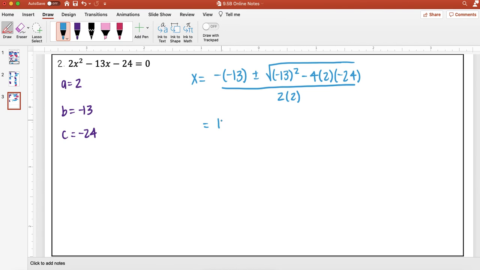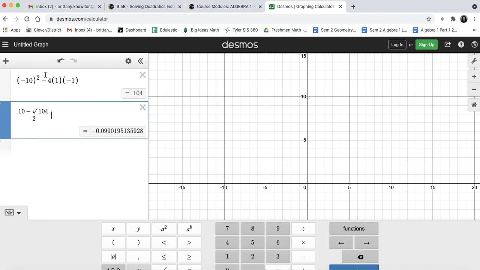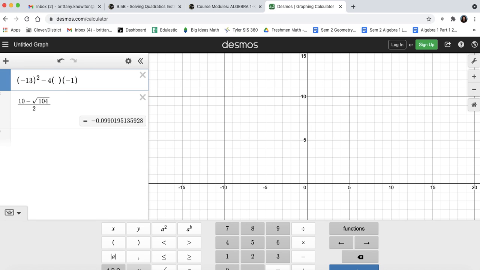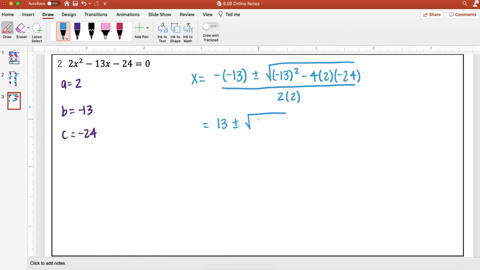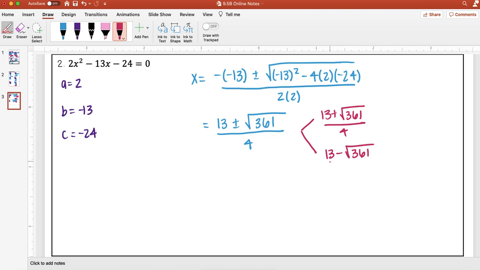Negative negative 13 gets me a positive 13. And I'm going to go ahead and put that into Desmos, so I have negative 13 squared minus 4 times 2 times negative 24, and I get 361. All over 2 times 2, which is 4. And then now I'm going to break these off, so I have 13 plus the square root of 361 over 4, and then 13 minus the square root of 361 over 4.